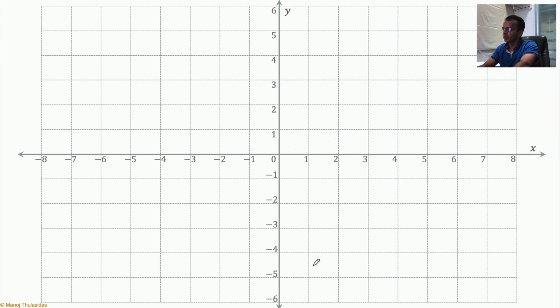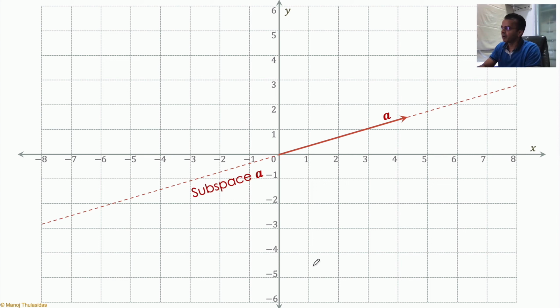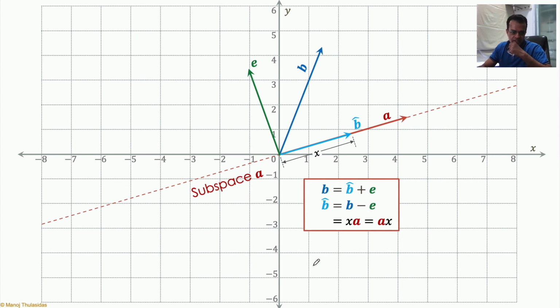So let me show this to you using better graphics. I have A there, that is a line that defines the subspace of A, and then I have a vector B there, and I have B hat. Among all the vectors along A in the subspace of A, I'm choosing this particular one because that perpendicular vector is the smallest possible one. So that is the vector. Since all our vectors start from the origin, I move it to the origin.